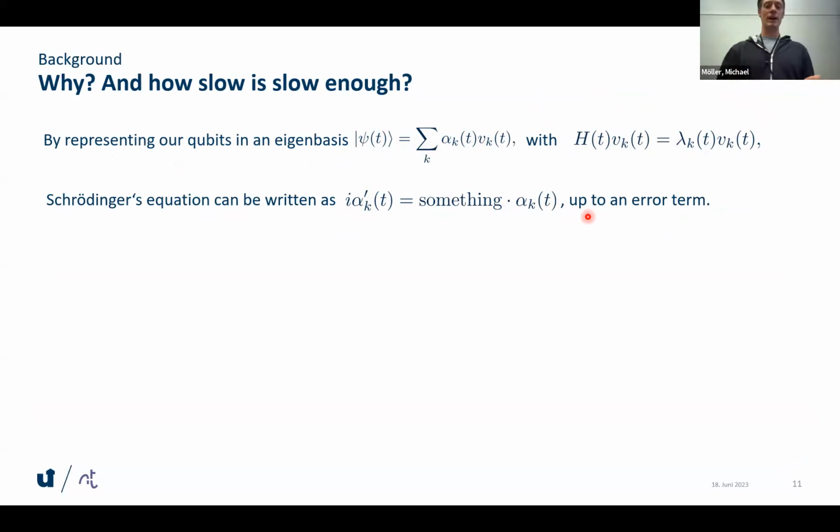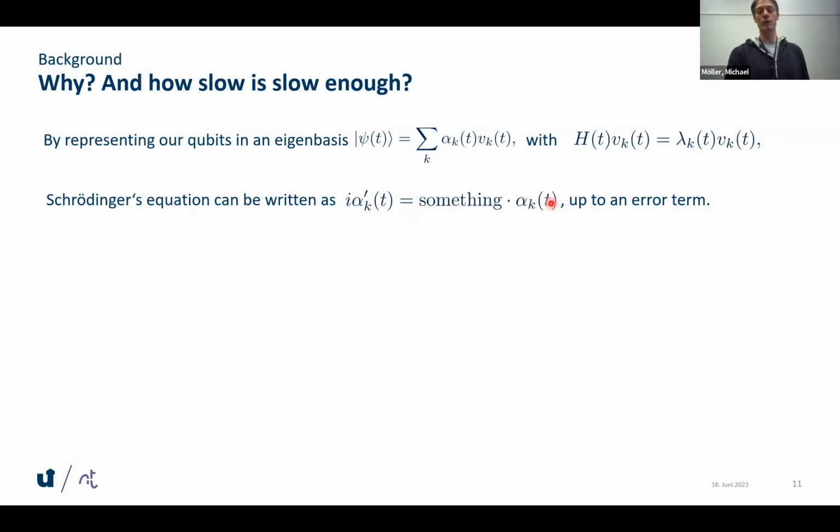And this would be very nice. If this was true exactly, it would mean each coefficient behaves independently of all others. Right? It would mean if I initialize one coefficient at 1 and all others at 0, this will remain the same, will remain true over all times. This is just a consequence of this equation. This is not so hard.